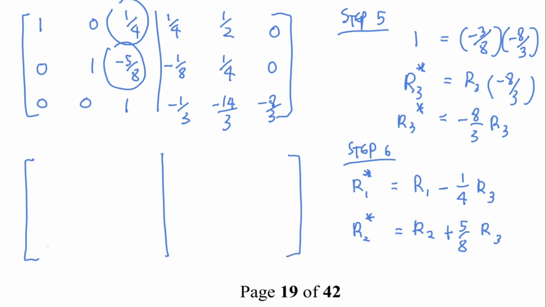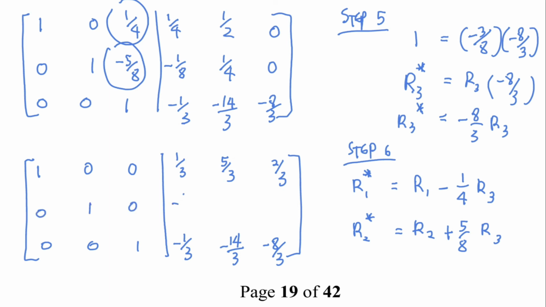I just copy back first everything on row 3. Understand? And then here the first row is 1, 0, 0, 1 over 3, 5 over 3, 2 over 3. The second row is 0, 1, 0, negative 1 over 3, negative 8 over 3, and negative 5 over 3.